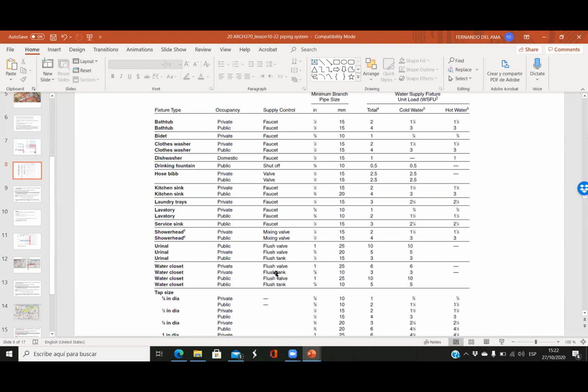And then what about the flush valve and the flush tank? Well, that depends. If we want to save water, we have to look at the water fixture units, and we would decide the lowest value.